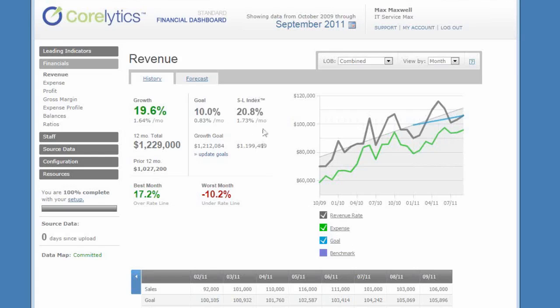Also, again, on all these displays you're going to see the benchmarks, the SL index. Remember that your goal is a forward-looking number, and the benchmark is based on history. You can see the benchmark actually starts at this point and starts calculating.